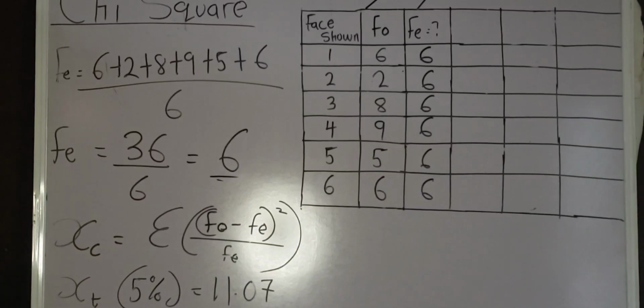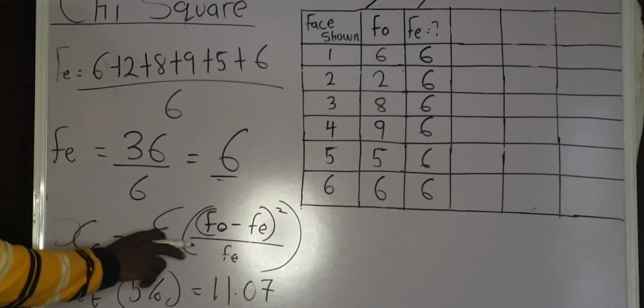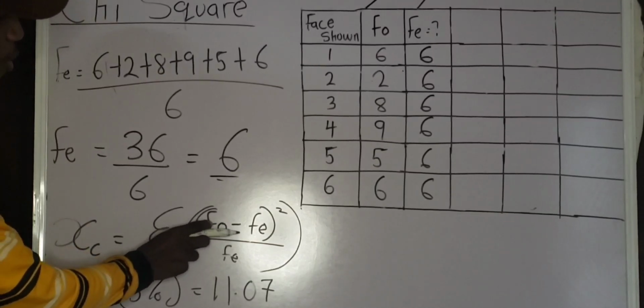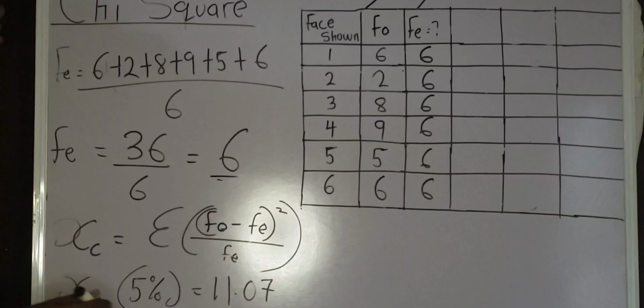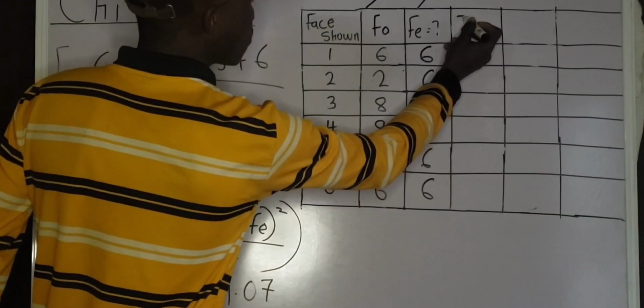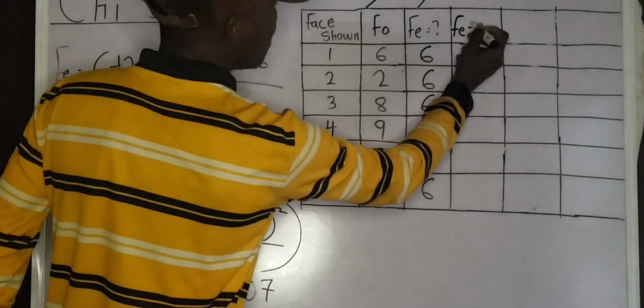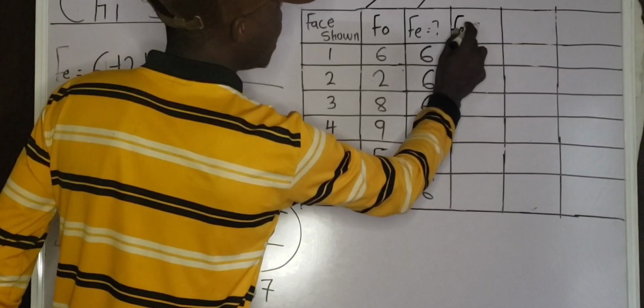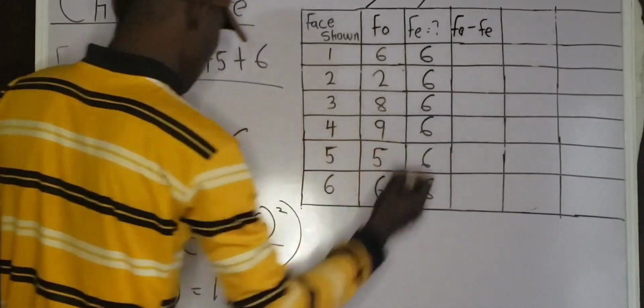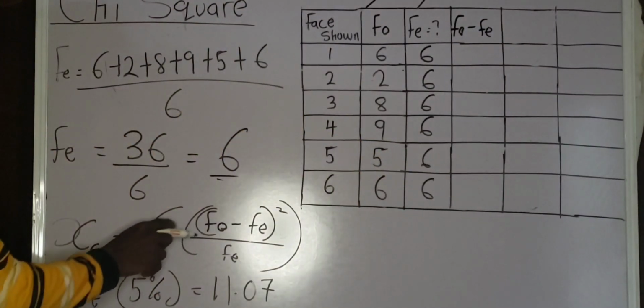To set up a hypothesis test, I need to determine the value of the calculated chi-square. From this formula, I need the difference between the observed and the expected value, so I'm going to take another column, the observed value minus the expected value.